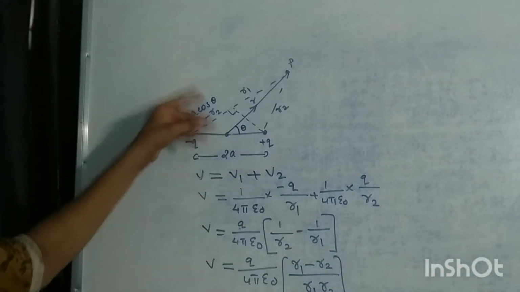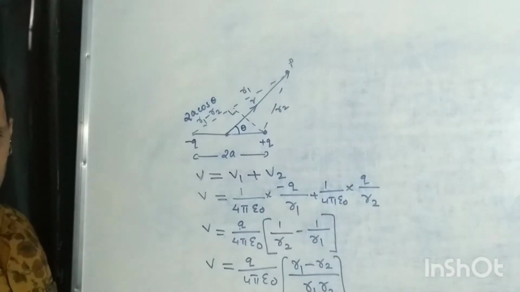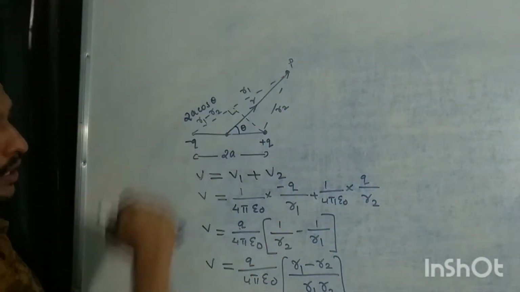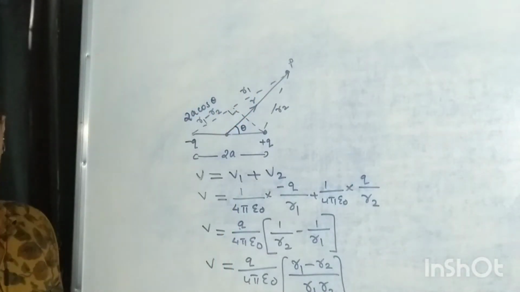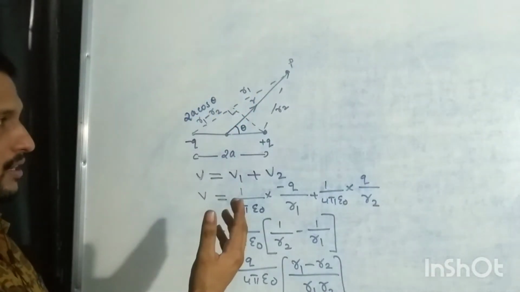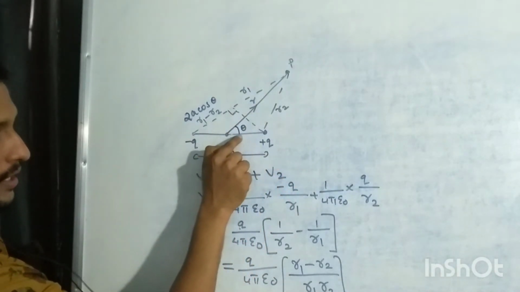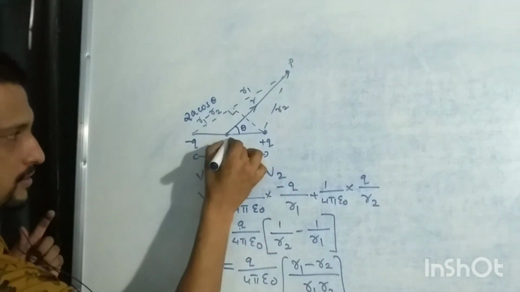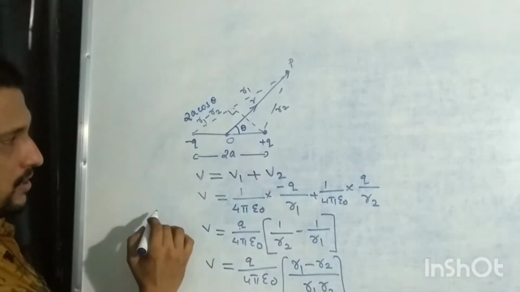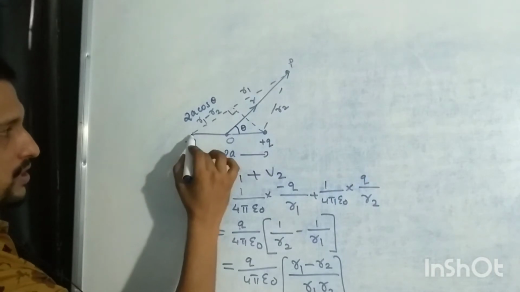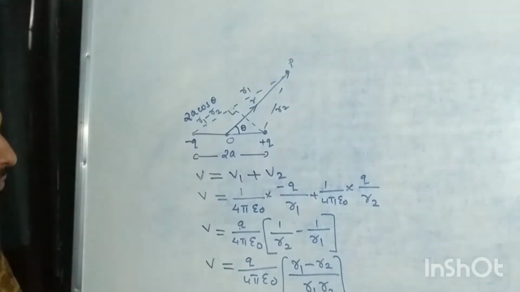So consider the figure. Here a dipole is there, minus q, plus q, and this is a point P. This is not an axial point, not an equatorial point. So you can simply say that it is at an angle theta from the center, at a distance r from the center, and we can assume two distances: minus q to P as r1 and plus q to P as r2.